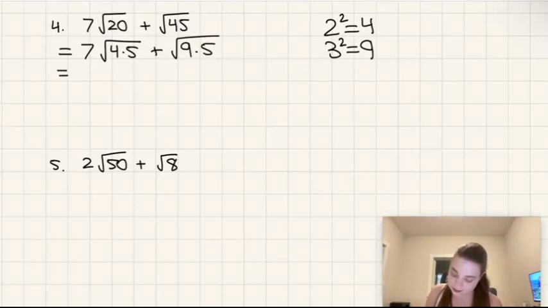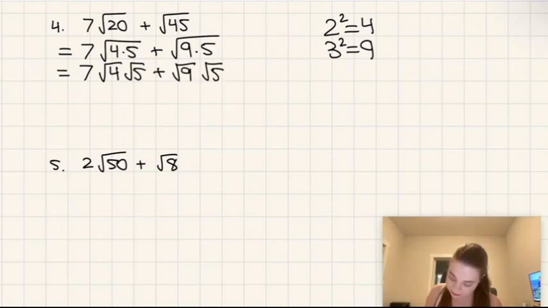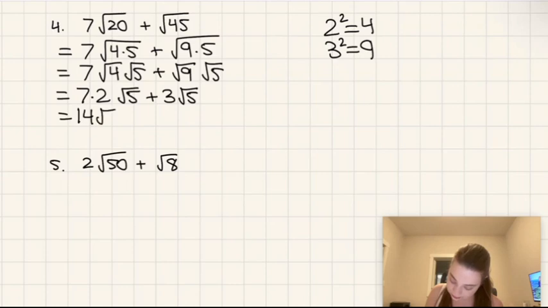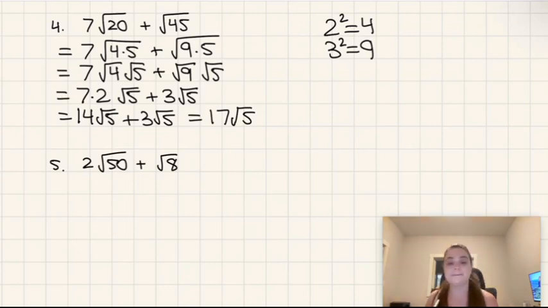And then for our next step, we can say, well, this is the same as 7 times root 4 times root 5 plus root 9 times root 5. So then we have 7 times 2 times root 5 plus 3 times root 5. And then 7 times 2 is just 14. So this is 14 root 5 plus 3 root 5. And then this is just 17 root 5, like that.